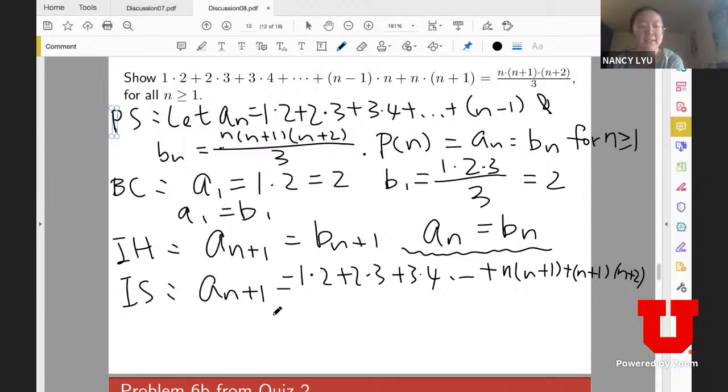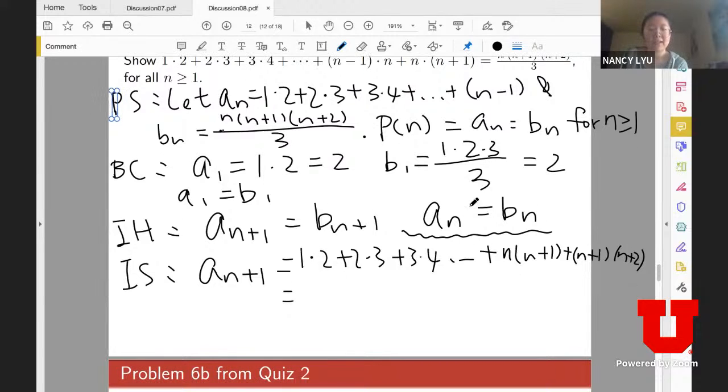Okay, that's by the definition of A_n. Just by looking at the inductive hypothesis, what is the next step you're going to do? Find what B of n plus 1 is. Yes, we want to find what B of n plus 1 is, but how can we get there?